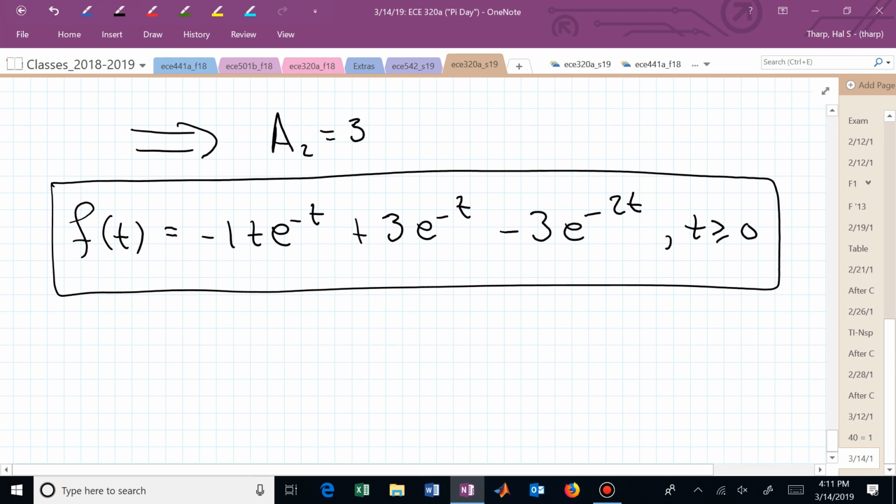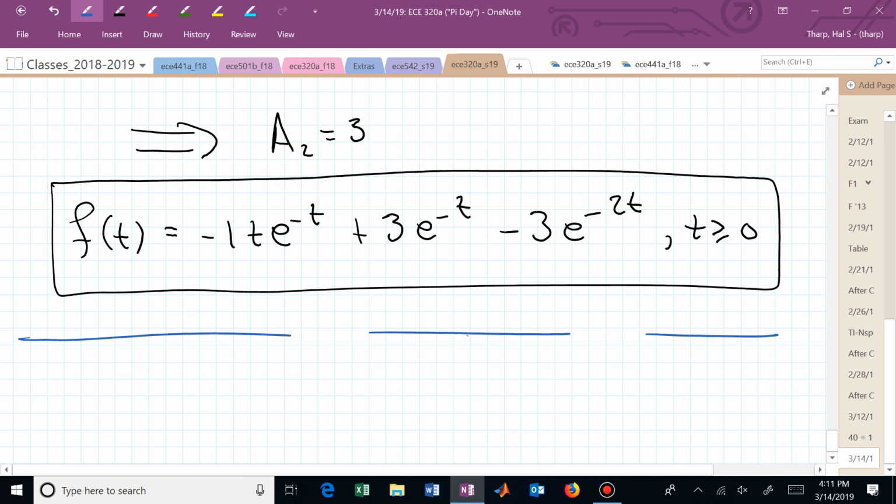I now have two terms, two modes in my time domain waveform associated with that repeated mode or pole at minus 1. One of the modes is e to the minus t, the other one is t e to the minus t. That's one strategy, picking or putting in a convenient value of s.